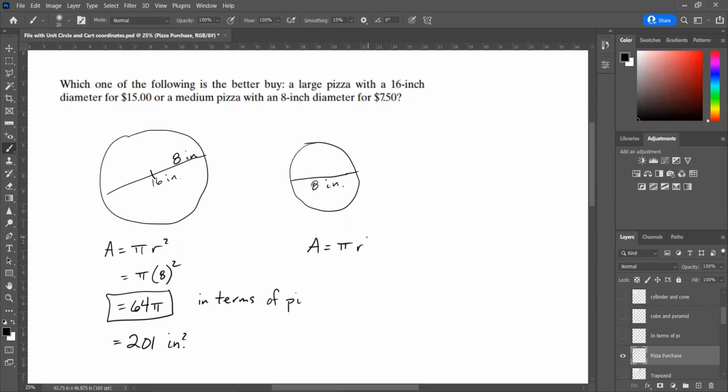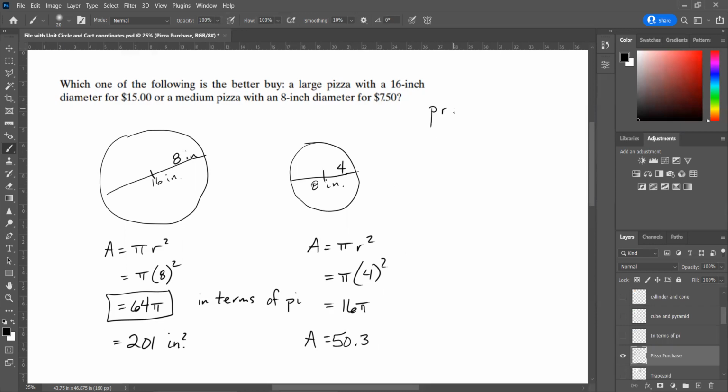The medium size has the same formula, only now the radius is 4 inches. So I've got 16 pi as the area. Again, in terms of pi, I would leave that as 16 pi. Otherwise I multiply those out, using the pi button on my calculator. So we've got those two now. Price per square inch.